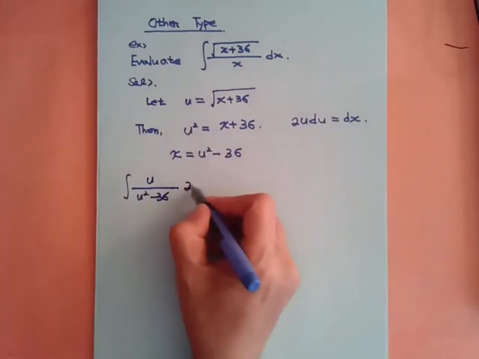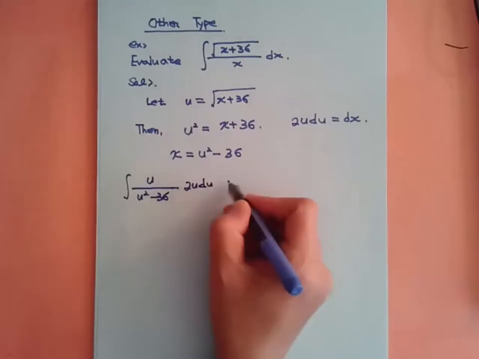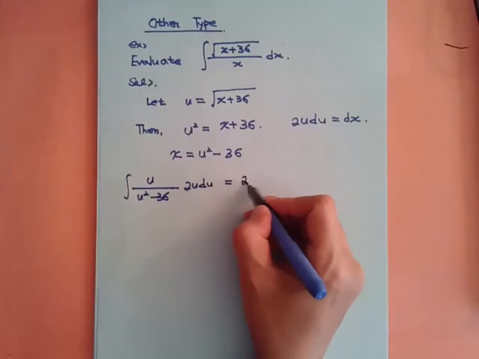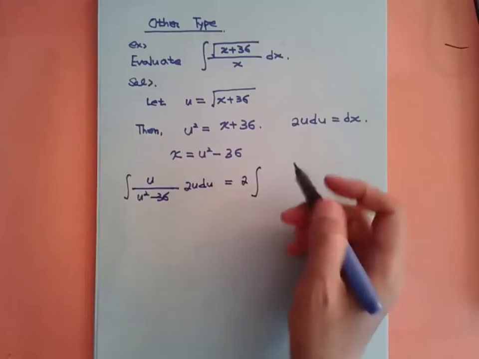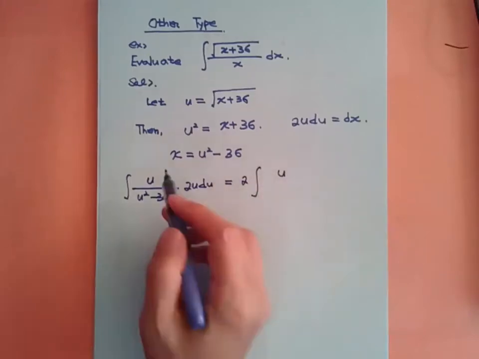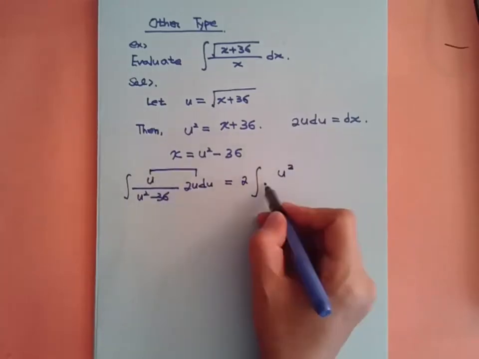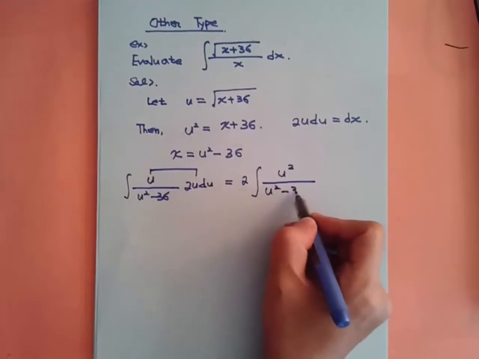Dx was 2u du. And we can write 2 in front of the integration, and then we multiply these two, and we get u squared over u squared minus 36 du.